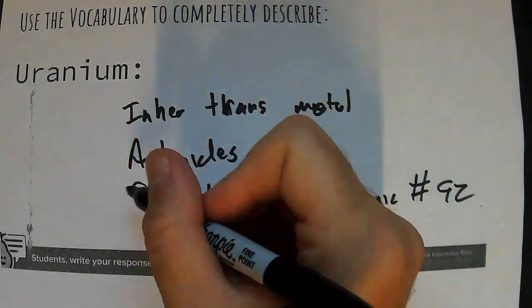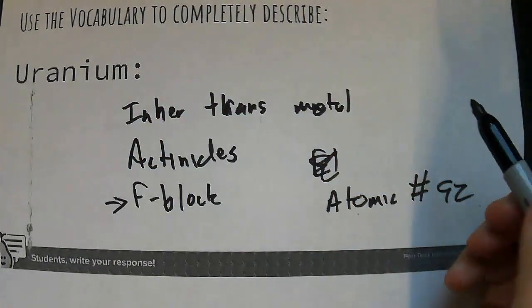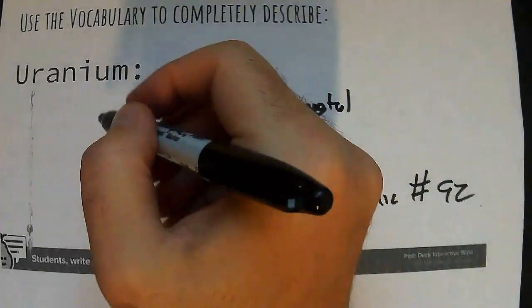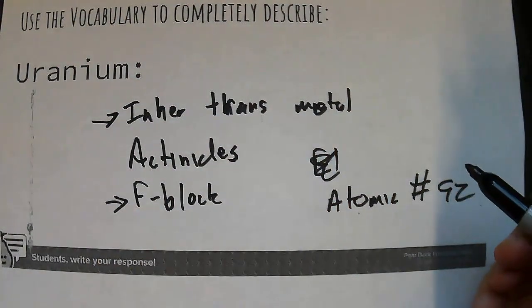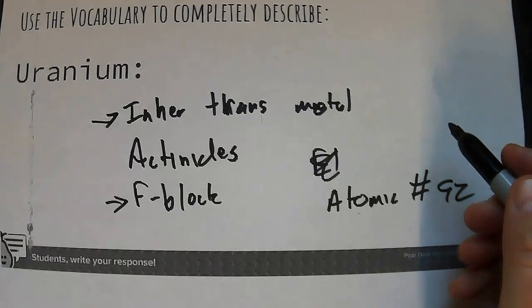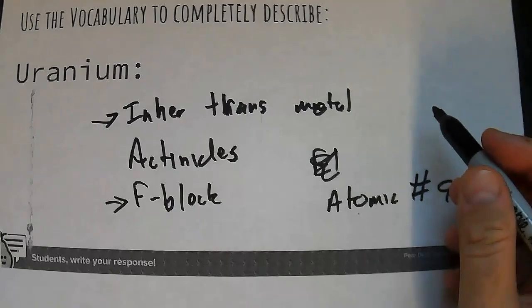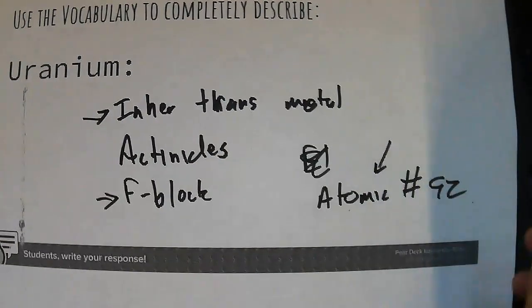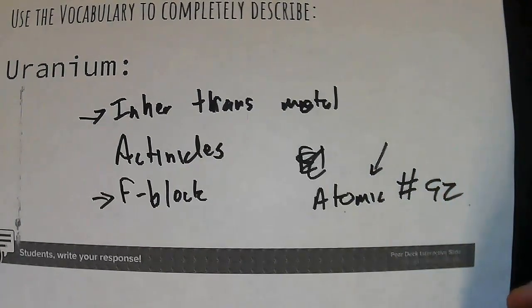Okay, there's a point at which we may care about it being an f block. Sometimes we don't care about it being an f block. We only care about it being an inner transition metal. Okay, if we're talking about elements getting made in supernovas, maybe we only care about the fact that its atomic number is 92. Okay, so just case by case.